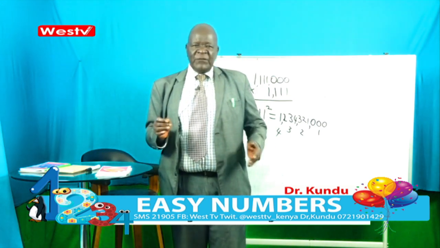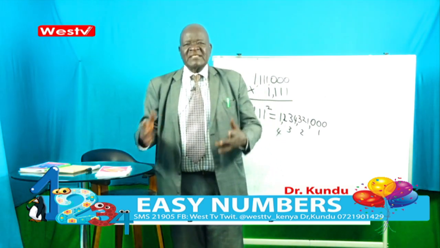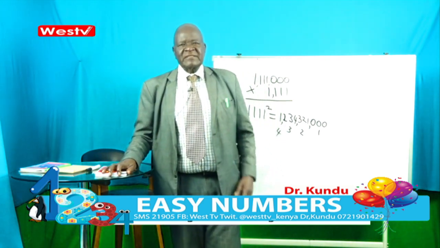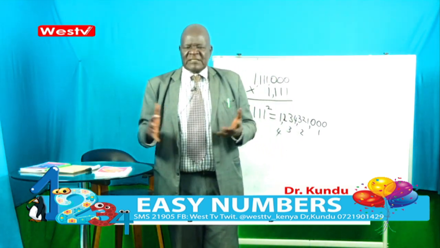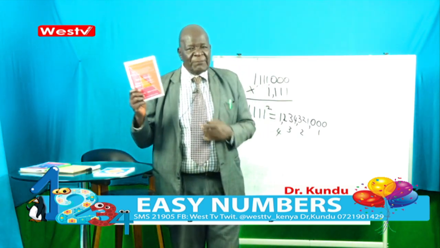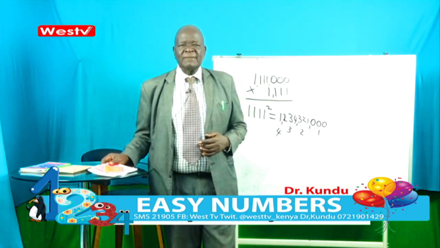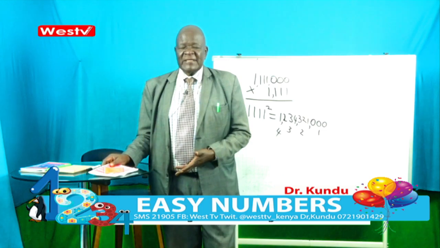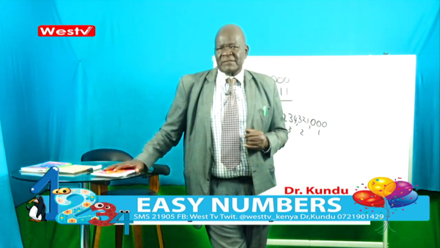So buying for a child a big encyclopedia like this beats the child on the onset. The child is psychologically beaten before he starts. Oh, this is too big. Can somebody read this and finish? But when you show a child a small thing with big knowledge in it, the child says, this one I'll crush in 2 days. And he embarks on it, and indeed in 2 days, this child is now a master of numbers.